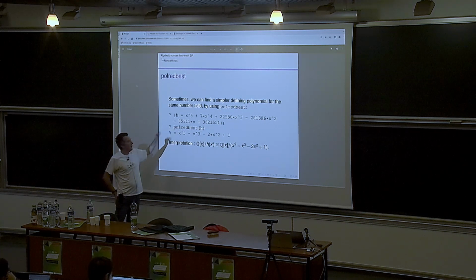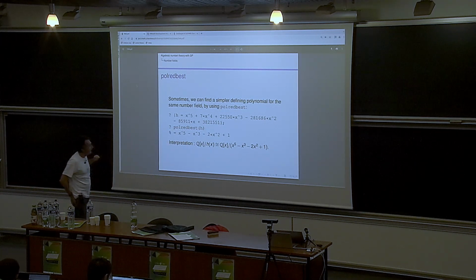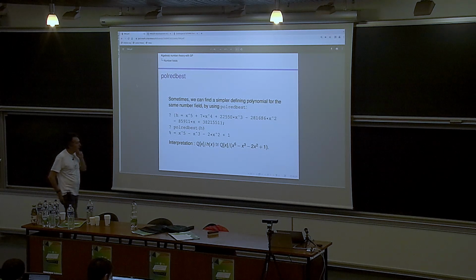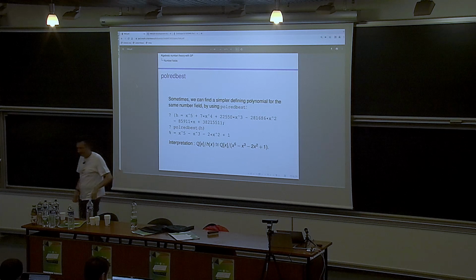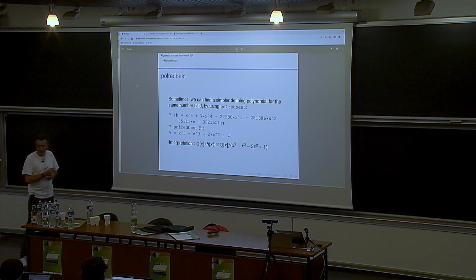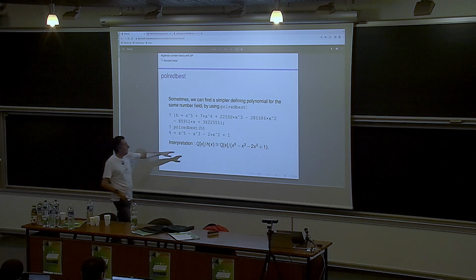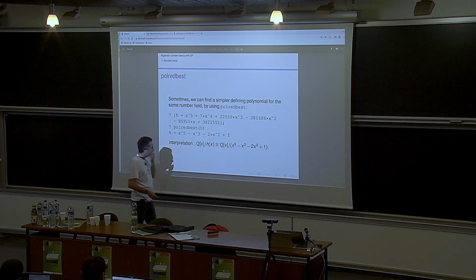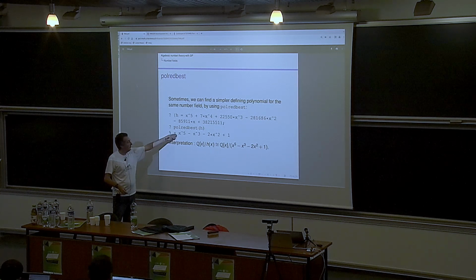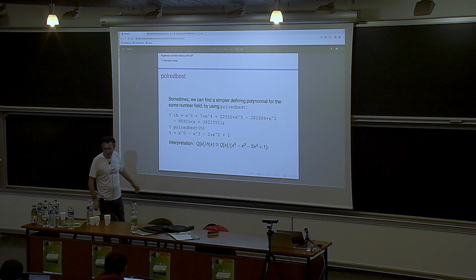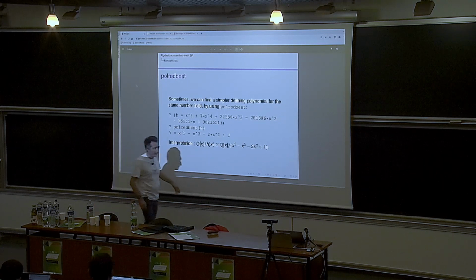We have this polynomial with moderately large coefficients, and if you do a polredbest, you find this one. It uses LLL reduction for the T2 norm, a quadratic form. This gives you the number field isomorphism between this field and this field. So if you work with this model, the computation will be faster than with the larger model.